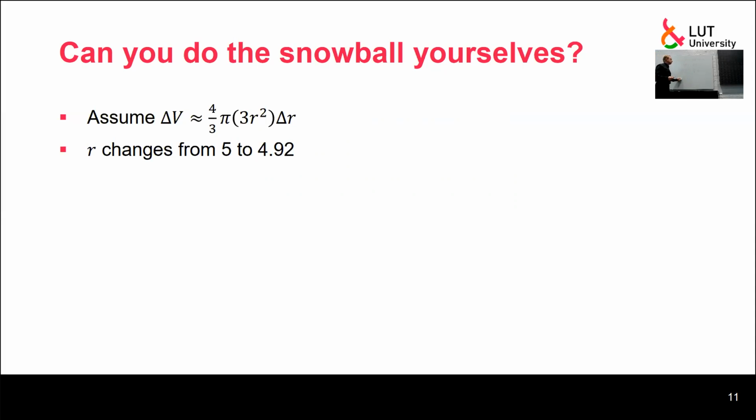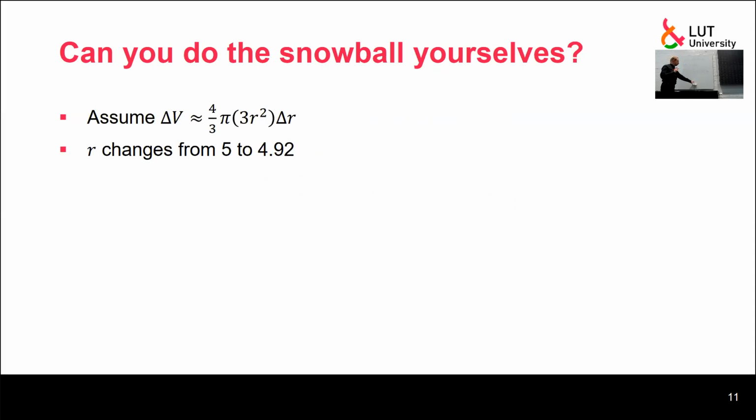Probably no, it's not right. You had this 4 over 3 pi R squared delta R, in which somewhere there is a delta R over R because we're missing one R from volume.